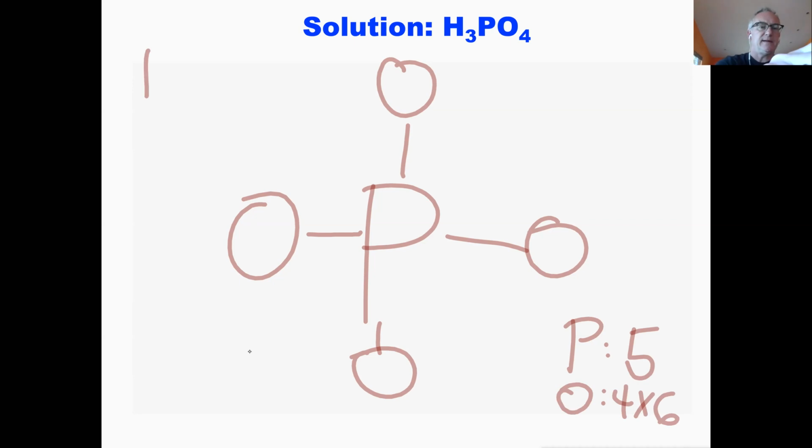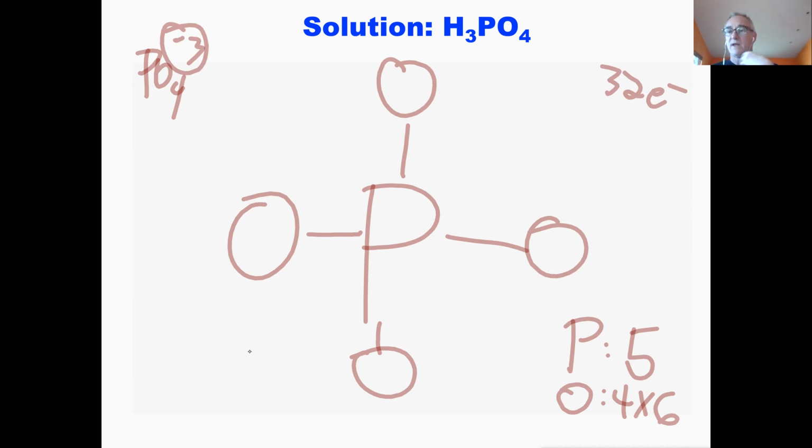And phosphate has a charge of what? Does anyone remember what the charge on a phosphate ion is? -3. Yes, -3. So we have 5 plus 4 times 6, which is 24, 29, plus 3, 32 electrons.